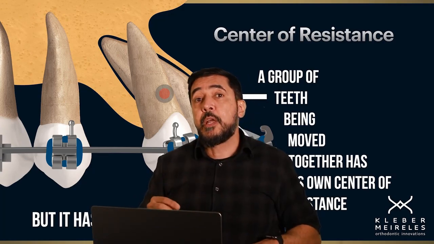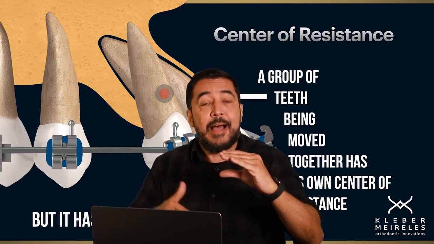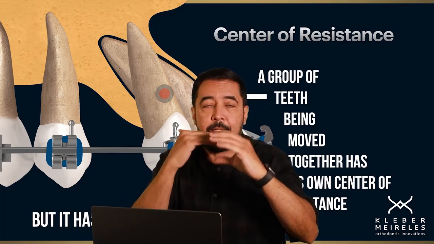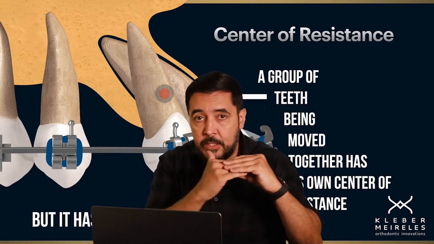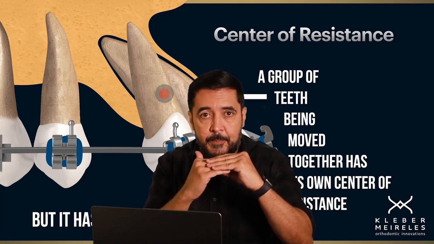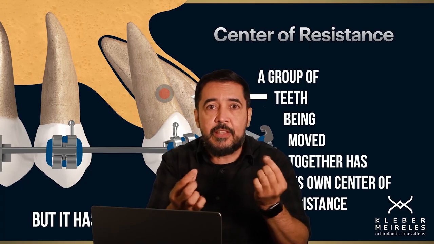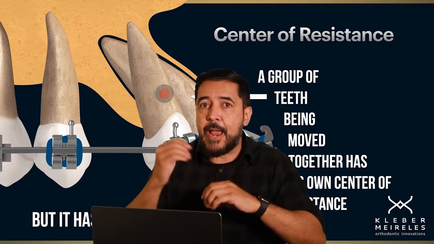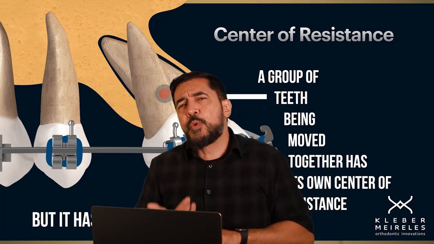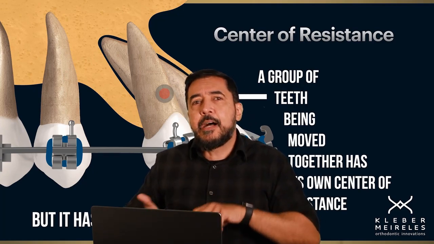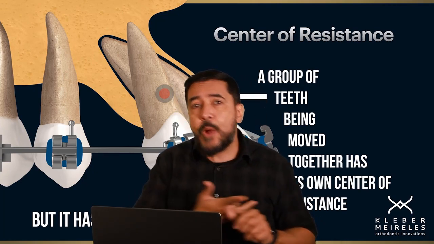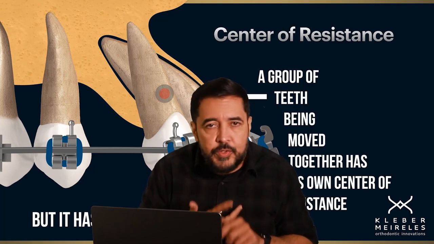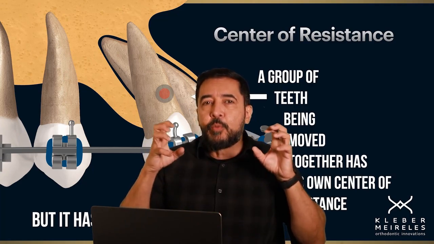Meaning, if I'm using a round wire or an undersized arch wire for doing this, it's not the same thing. I'm not getting those teeth ligated. So if I'm applying a force with a non-rigid arch wire, an undersized arch wire, or a round arch wire, I can't consider those teeth to be rigidly ligated.